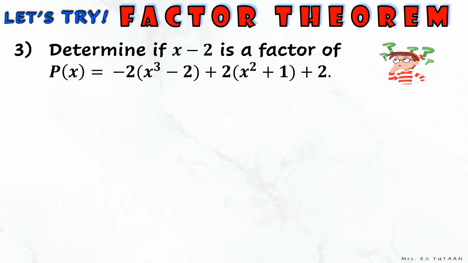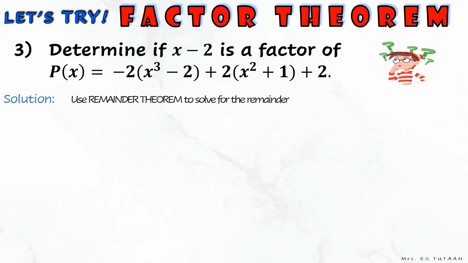Do not be intimidated by the given polynomial. There are times when our polynomial is not written in standard form. But using the remainder theorem, we can easily get the value of our remainder.